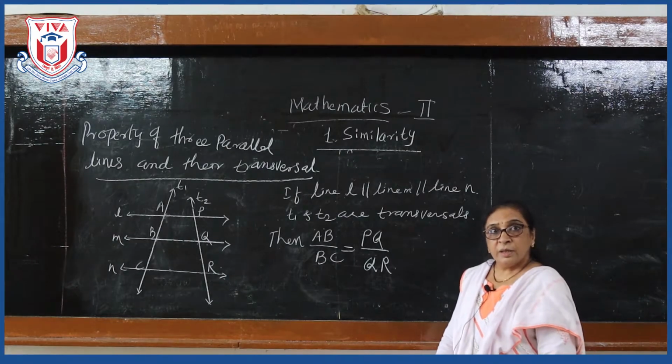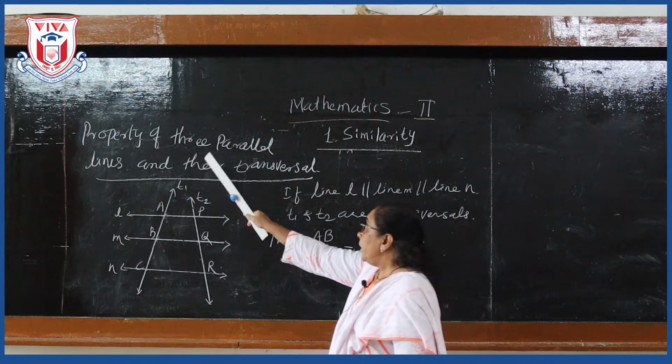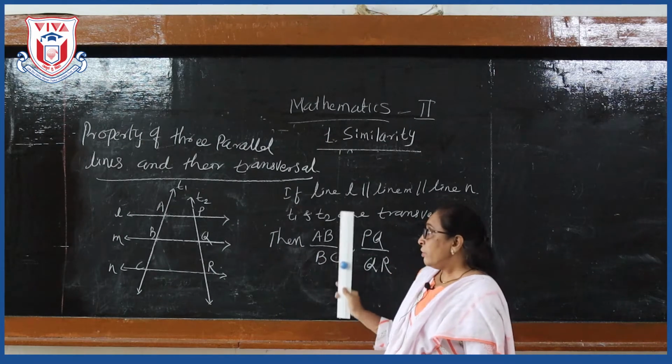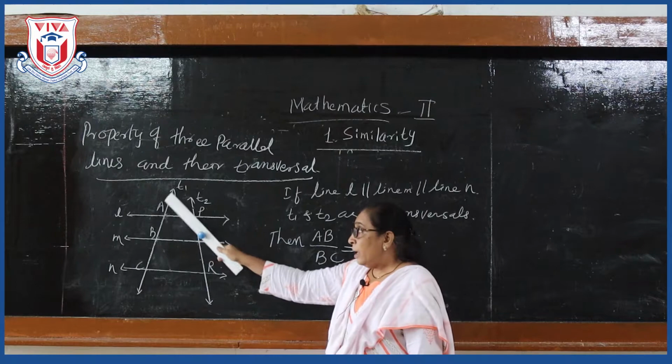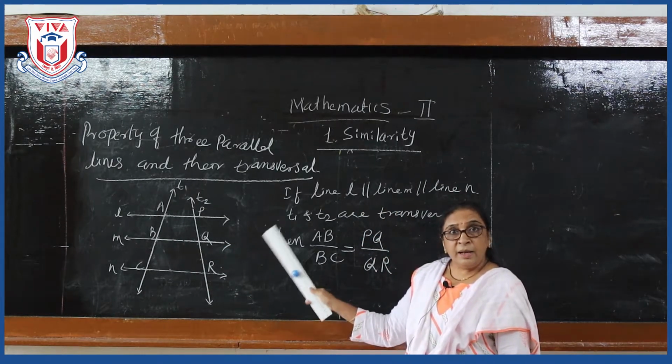The next important property is the property of three parallel lines and their transversals. See here, line L, line M and line N. These are the three parallel lines.